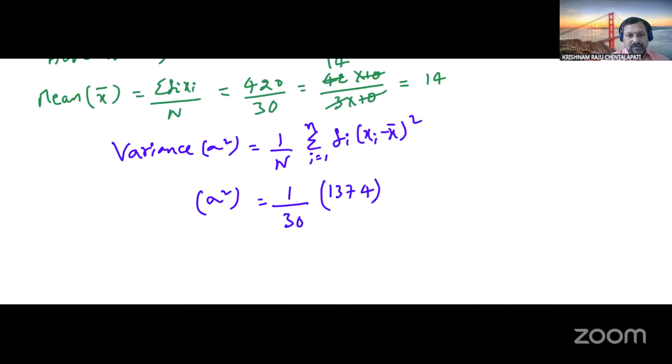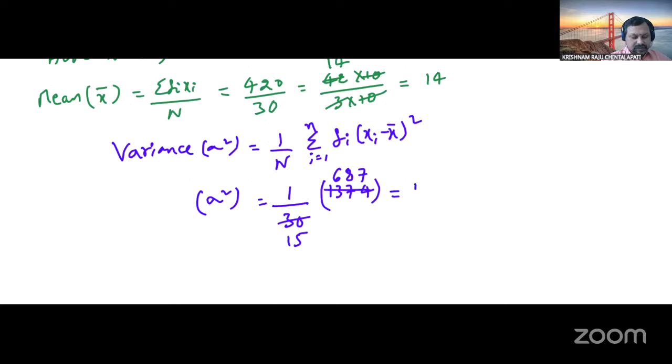Simplifying by dividing by the common factor, we get 687 by 15. So divide it. 15 fours are 60, so 8 is the remainder.